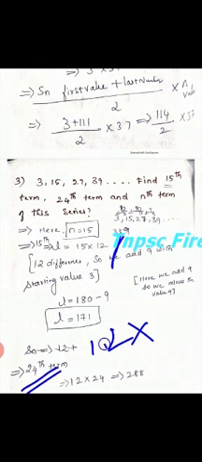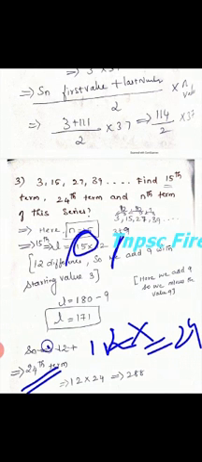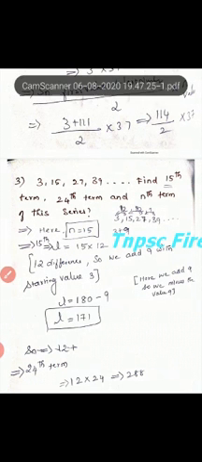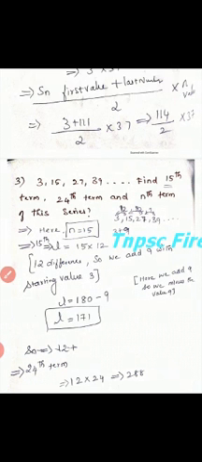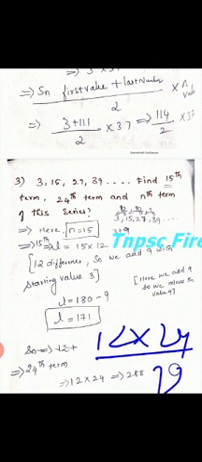Here n equal to 15, so we put 15 here. Now n equal to 24, so we put 24 here. That is 12 into 24. We will get 288. So you have to minus the 9. We will get the answer 279.